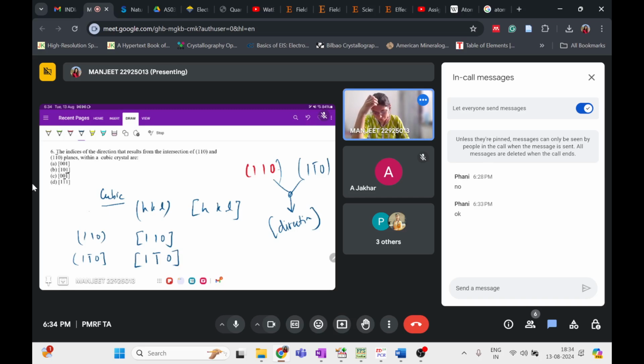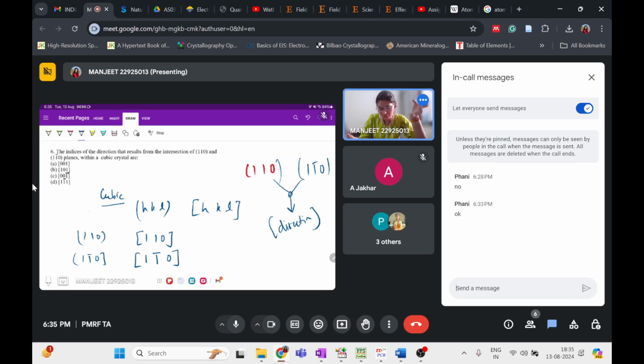Now we have to find the intersection. The intersection direction will be perpendicular to both, because each plane has its own direction, which is perpendicular to that plane.